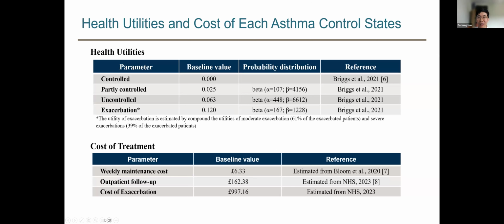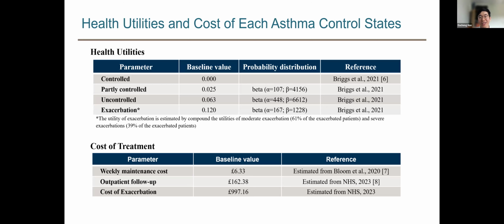And for the cost of each health state, we need to consider several components, like the cost of maintaining asthma control, the cost of outpatient follow-up visits, and the cost of treating each exacerbation.